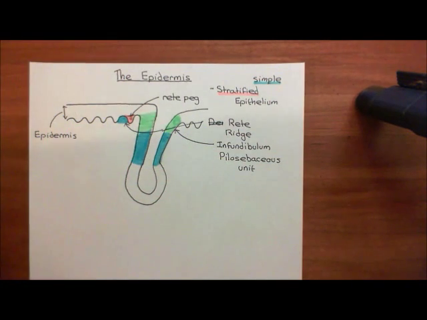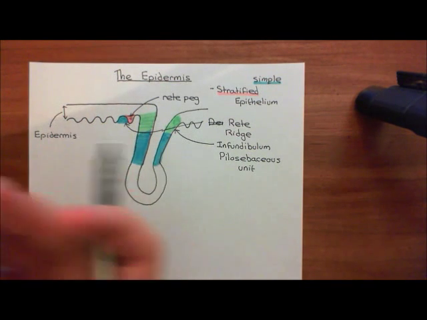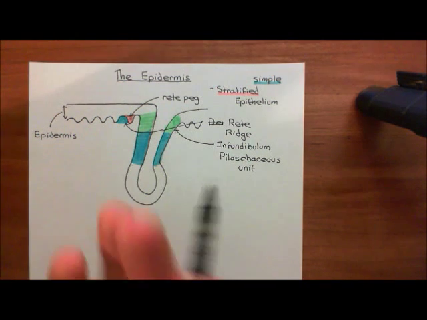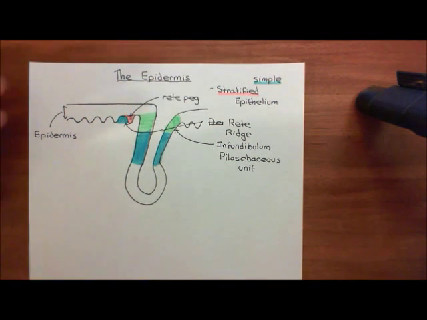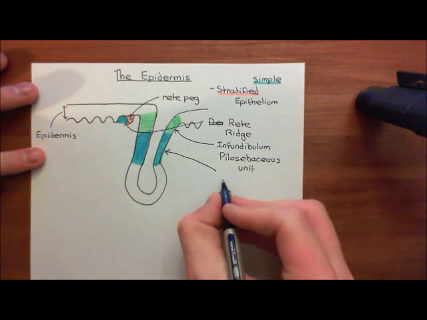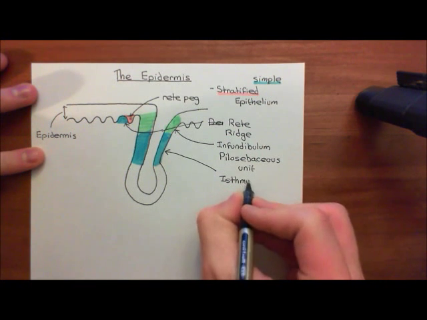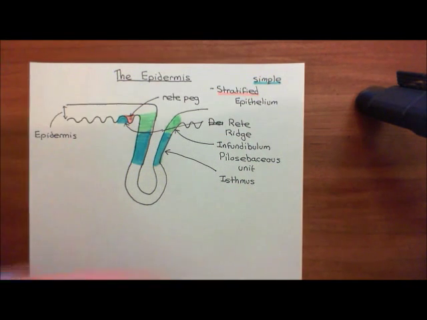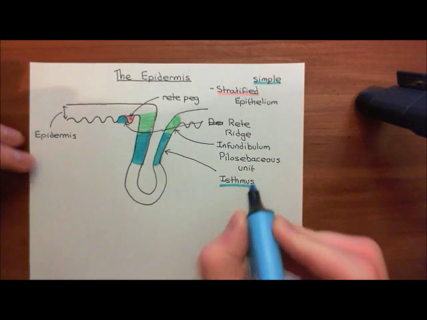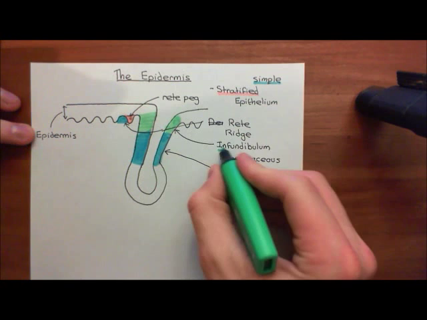If you imagine a dumbbell, the section in the middle of the dumbbell is much narrower than the portions on either side. That's known as the isthmus of the dumbbell. So this is called the isthmus of the pilosebaceous unit. Let's try colour coding this. We've shown the isthmus in blue, and the infundibulum in green.